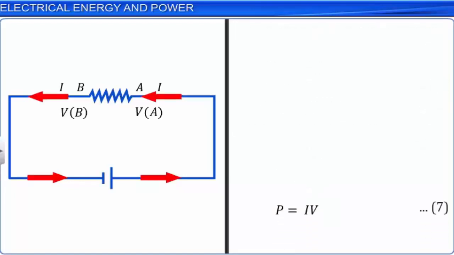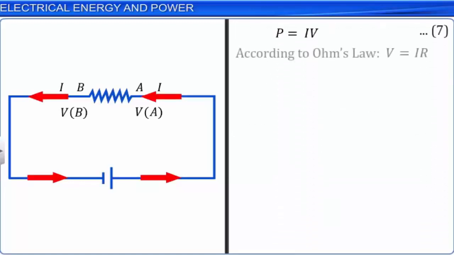According to Ohm's law, we have V is equal to IR. On substituting the value of V from Ohm's law in equation 7, we get P is equal to I square R. Let this be equation 8.